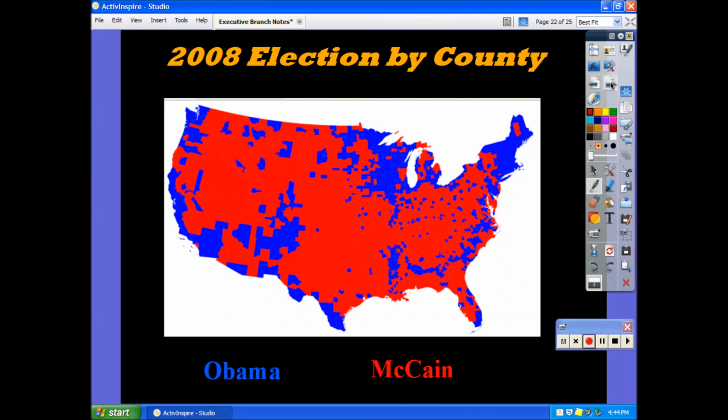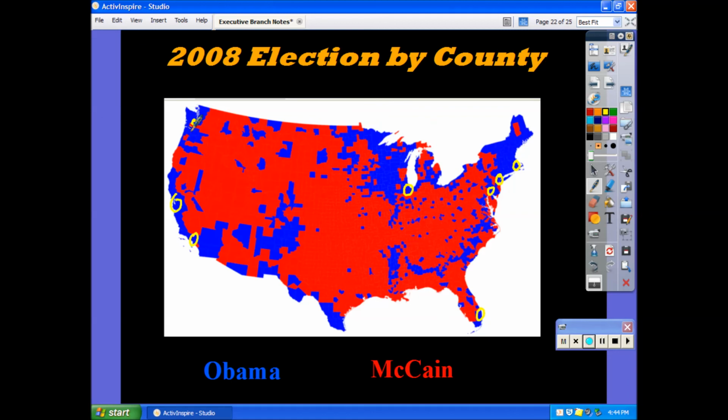When you look at this map, what you're going to notice is that those places which are heavily populated, places like New York City, Boston, Philadelphia, Miami, Chicago, San Francisco, Los Angeles, Seattle, are very densely populated.